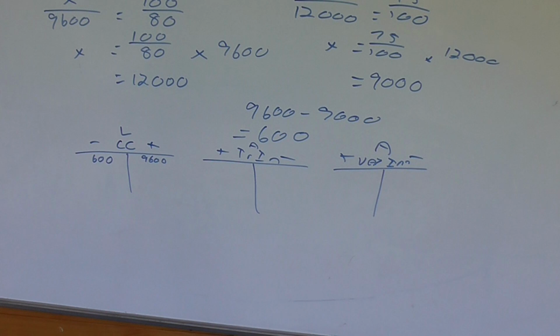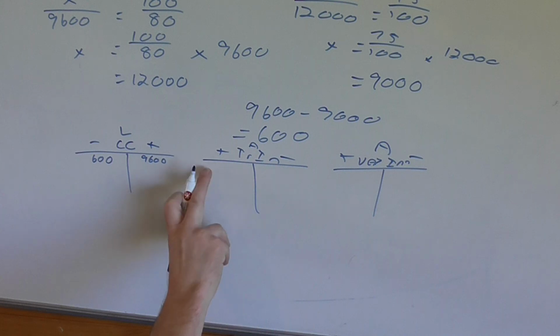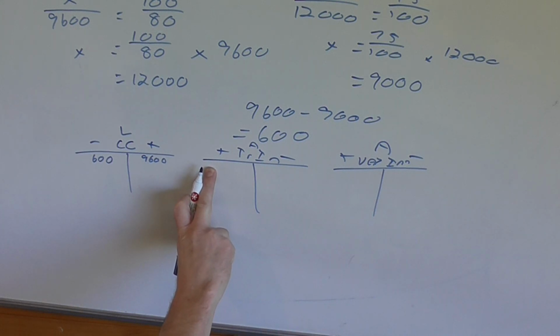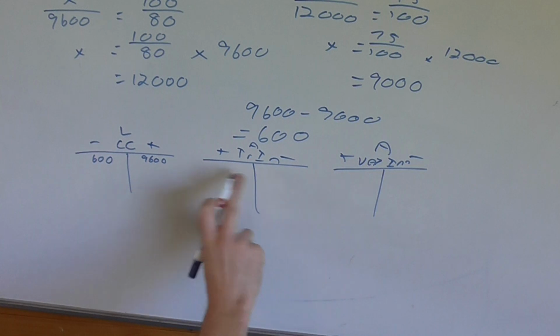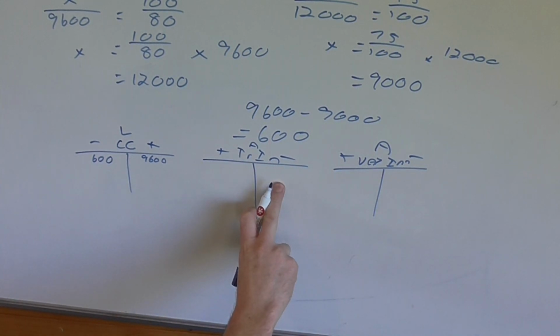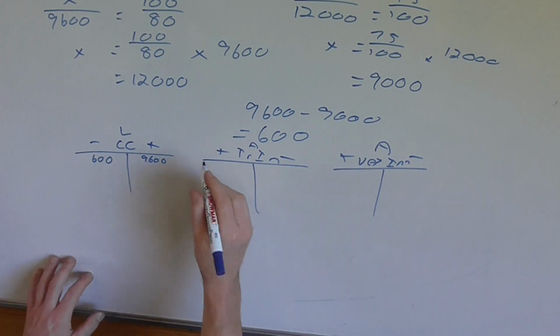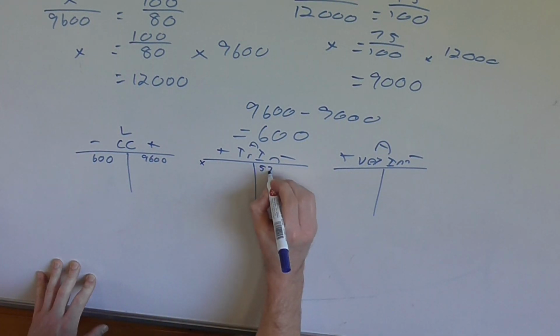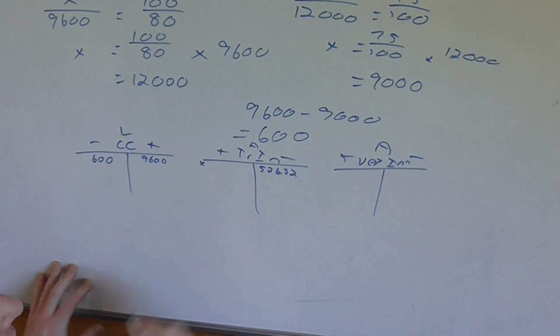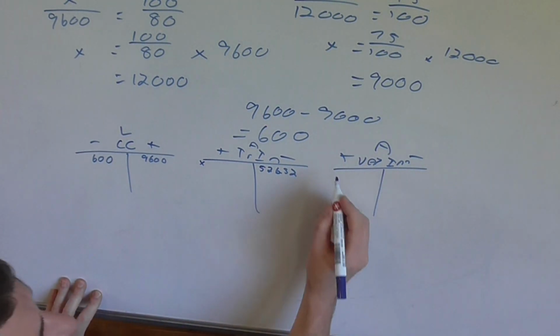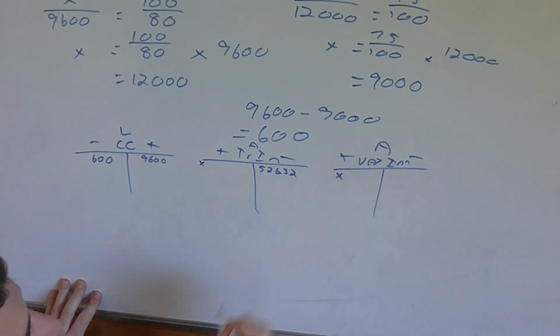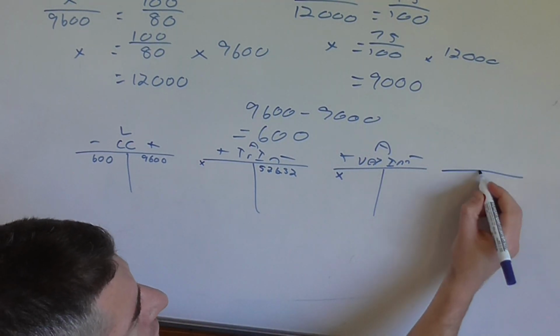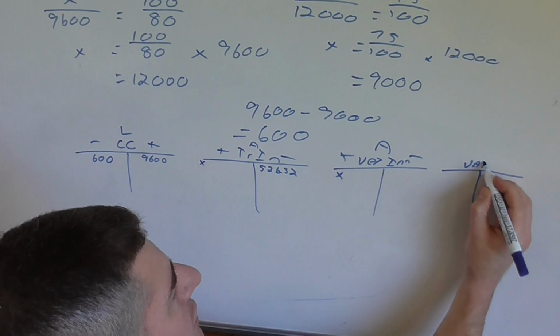Then your trading inventory, remember when you purchased, your trading inventory was debited. So we need to do the reversal, so we need to credit our trading inventory with a VAT exclusive amount of 526.32. And then remember, your VAT input always gets debited. So when we have to credit it, it becomes your VAT output.